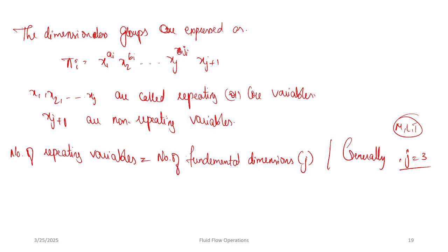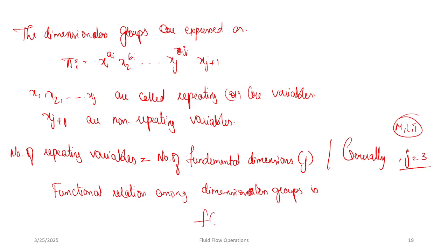So the functional relationship among dimensionless groups can be established as f of pi 1, pi 2, till pi i is equal to 0.